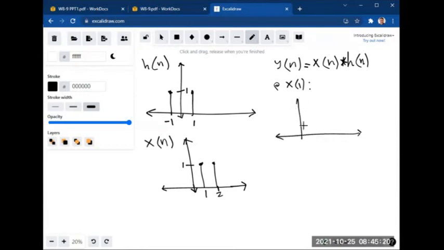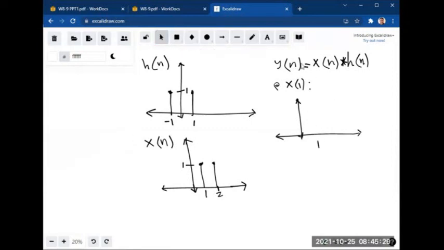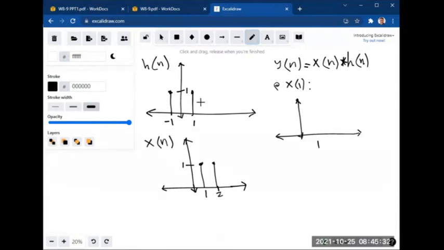So at x of 1, if this is our impulse response, at 1 we don't have a signal at this point. There will be a signal here with height 1 from this, and a signal here with height 1 from this.